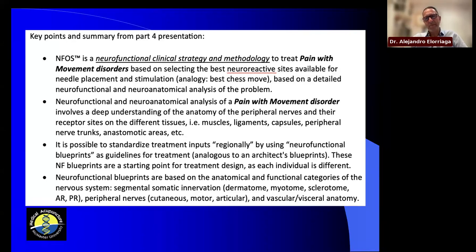So the summary is we are proposing a clinical methodology that we call neurofunctional operating system or neurofunctional logic or neurofunctional approach to treat pain with movement disorders that is based on a selection process of the best neuroreactive sites available for the needle placement, for the acupuncture part of the treatment, which is not the only one, but the main one.